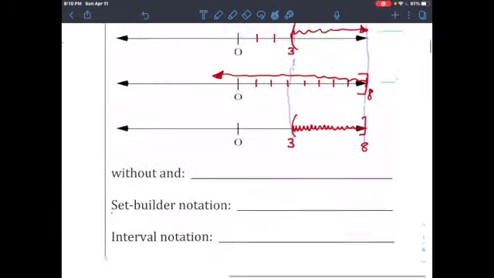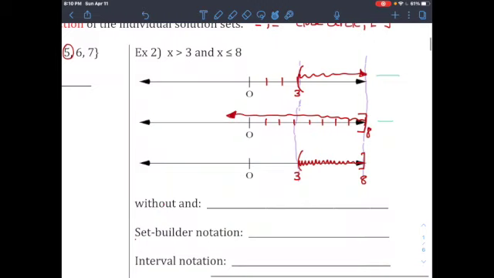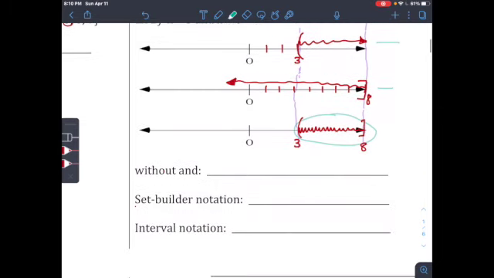So in this case, write it without "and." What does that mean? That means I need to put this answer right here. I call that my sandwich inequality. Literally, it's just x in the middle, or whatever letter they want you to use, and then you put 8 on one side and 3 on the other side. Depends on the situation.